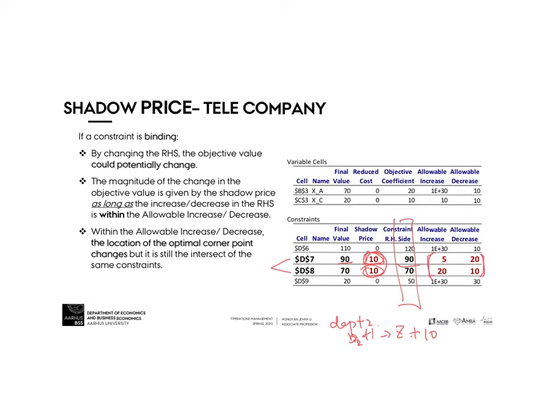Within this change, the shadow price will basically be the same. You can change B2 to B2 plus 5 or B2 minus 20, and your shadow price will be the same. The optimal value will be affected the same.